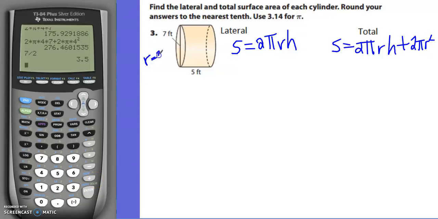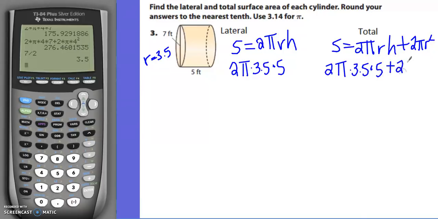So the radius is 3.5. Okay, so we're going to do 2 times pi times 3.5 times 5, then 2 times pi times 3.5 times 5 plus 2 times pi times 3.5 squared.